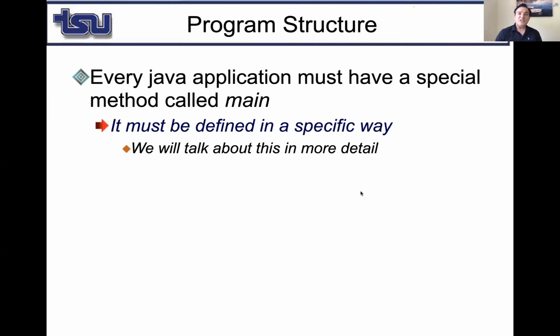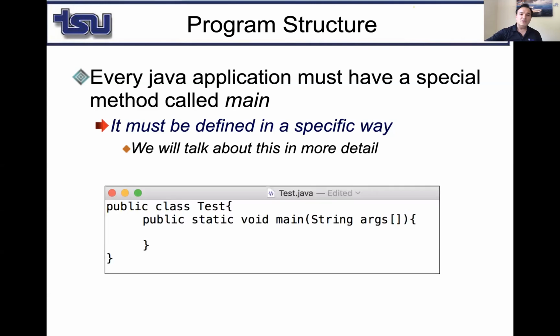Well, for Java applications, there must be a special method called main method. And naming the method main is not sufficient. You must define it in a specific way. And the main method will be fully clear to you in the upcoming lectures. But right now, all you need to know is that if you want to start with any Java application, you have to have those 4 lines.